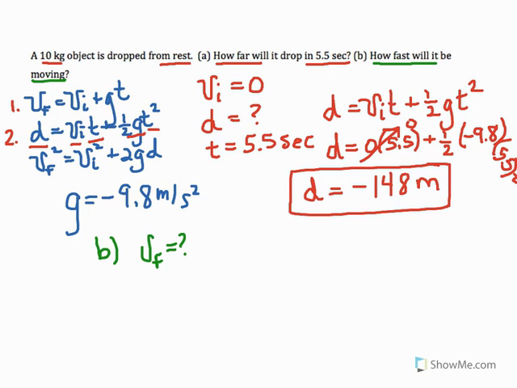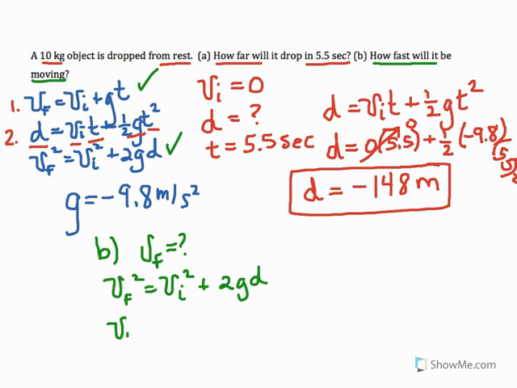Now you choose which equation you want. You could use this one, since I've got the initial velocity, gravity, and time. Or I could do this one. Just for practice, let's use the third equation. Final velocity squared equals the initial velocity squared plus 2g times my displacement.